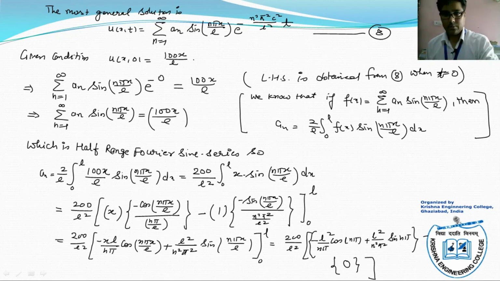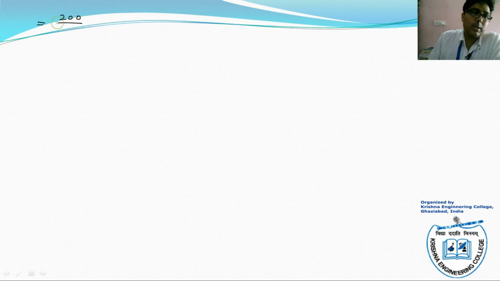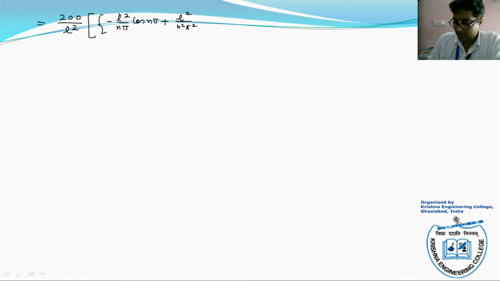Now we write the value of the remaining terms in next page. The last term is 200 upon L square times minus L square upon n pi cos n pi plus L square upon n square pi square sin n pi minus 0. Clear? This is the last term of the previous page.